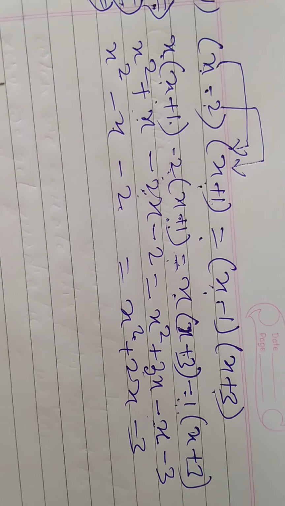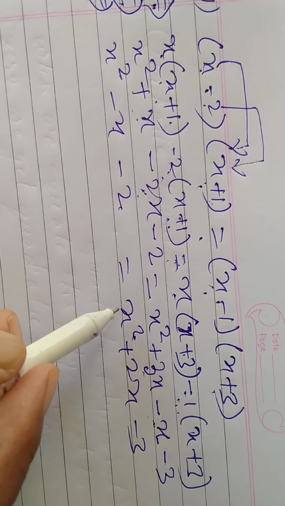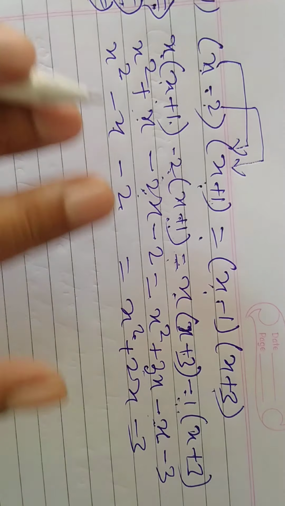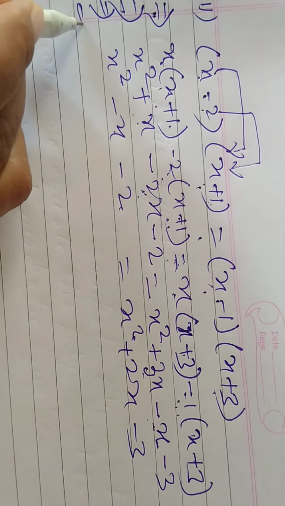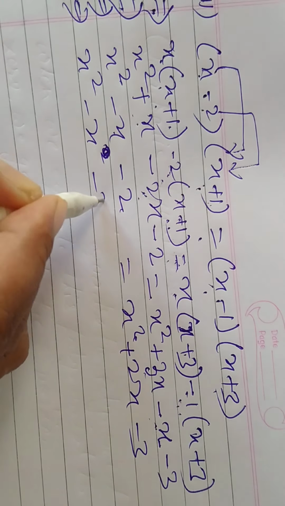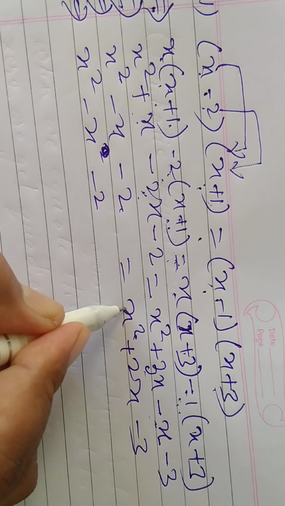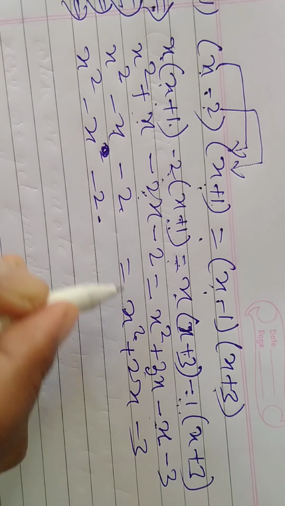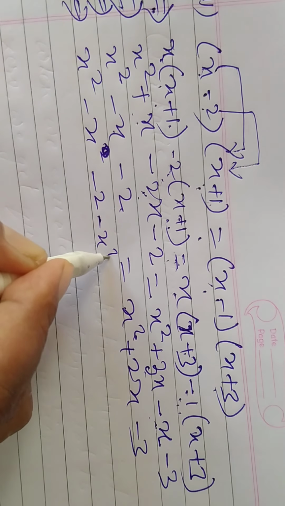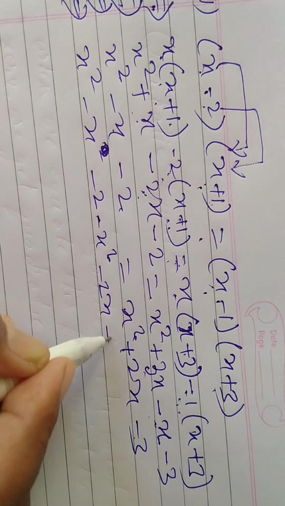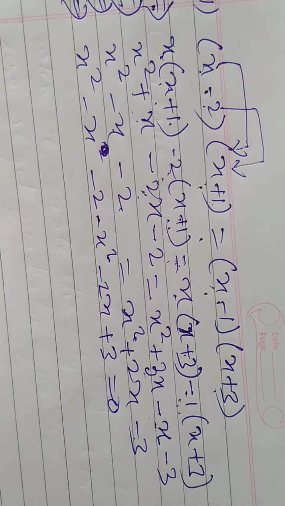So here we can see these three terms we send to the left side. x² − x − x − 2, here is the +x² which, when we send it, the plus sign converts into minus sign, −x², −2x, +3, equal to 0.